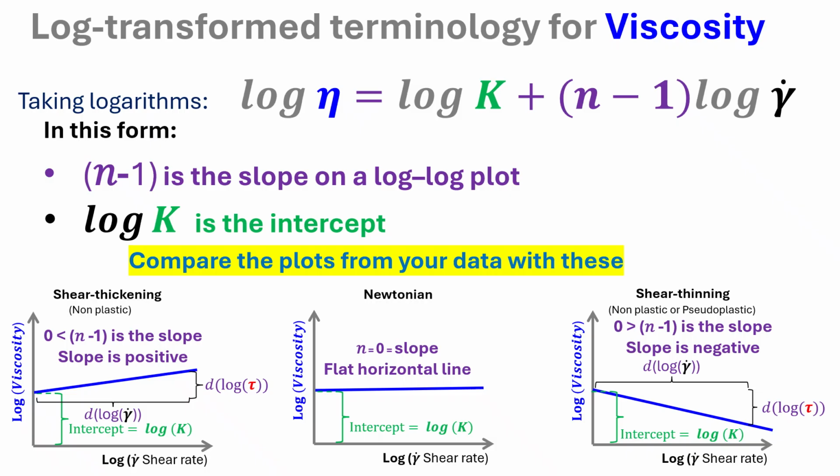Now again, there is this log-log transform, and for viscosity that's a little bit different to the shear rate and the shear stress. And it's very useful just to look towards this. Now, the reason I put this in is because when you actually get shear thinning, your log-log plot will have a negative slope. It will slope downwards, that you can see on this right-hand side graph.